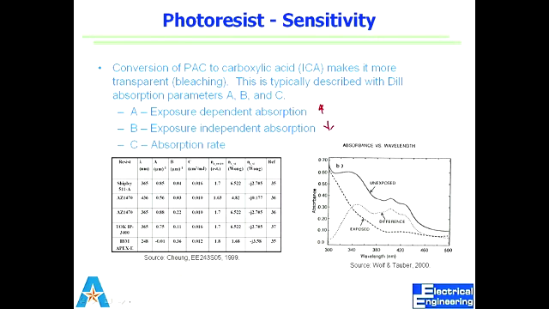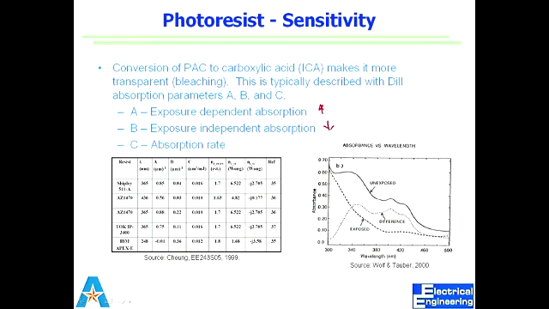There are a couple of types of absorptions. One is exposure dependent absorption, one is exposure independent absorption. So when it converts, it becomes transparent, which means the absorption keeps on going down. So what you get is absorption which doesn't contribute to exposure, right?